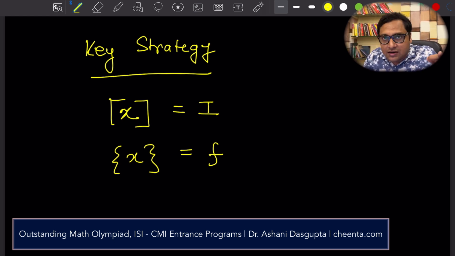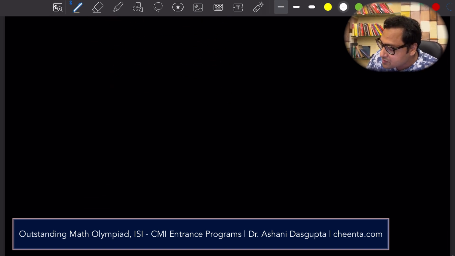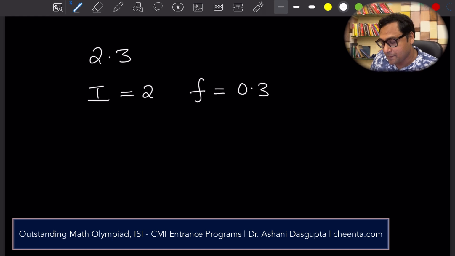Every number can be divided into I and f. If you have a problem involving the greatest integer function, then it is always useful to replace x or whatever the variable is by I and f. So for example, if I have the number 2.3, then I would be 2 and f would be 0.3.